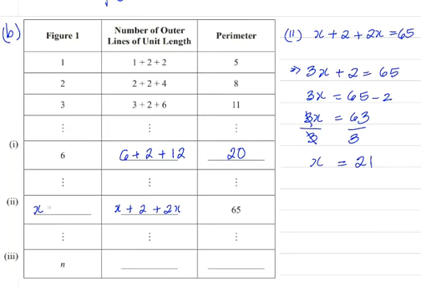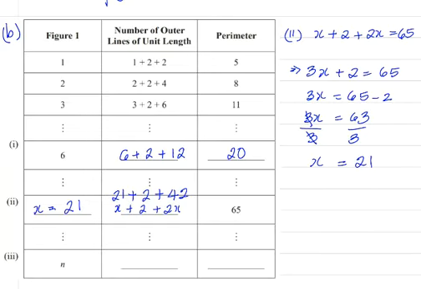Alright, so the number here is 21. And then inside here we're going to have 21 plus 2 plus 2 times 21, which is 42. So we're able to complete that line.